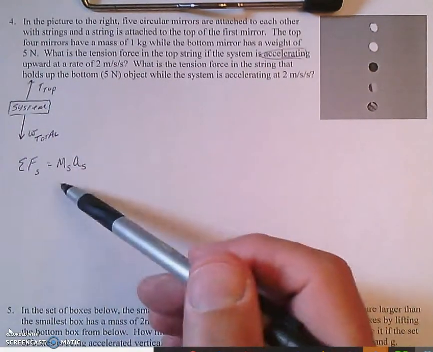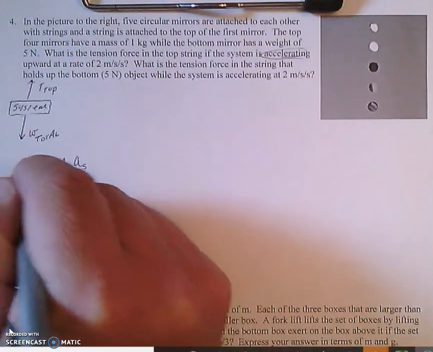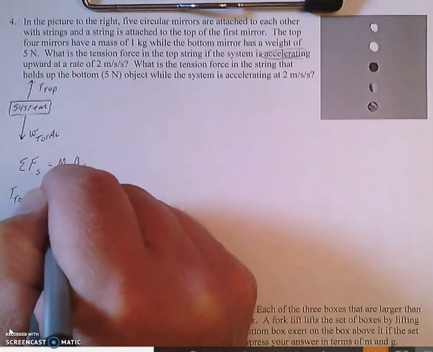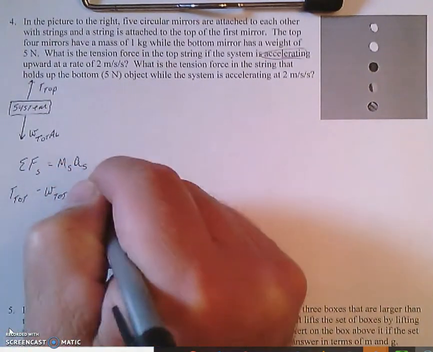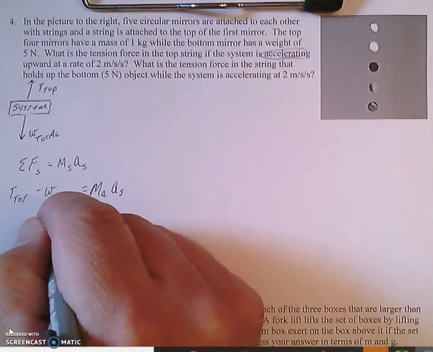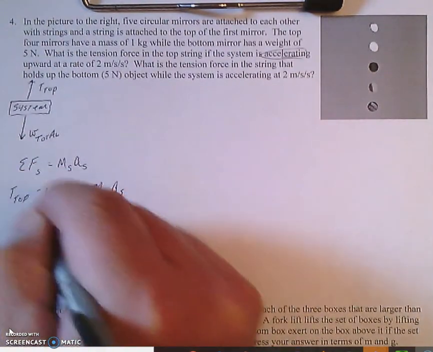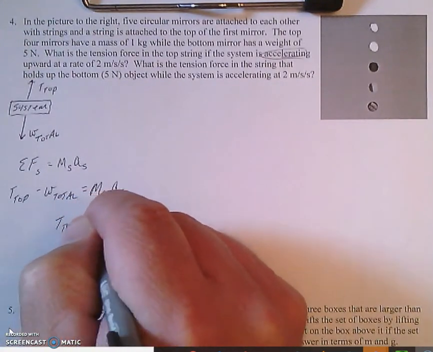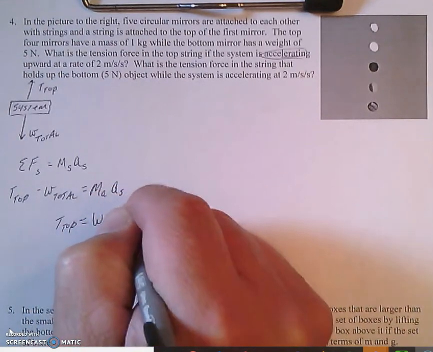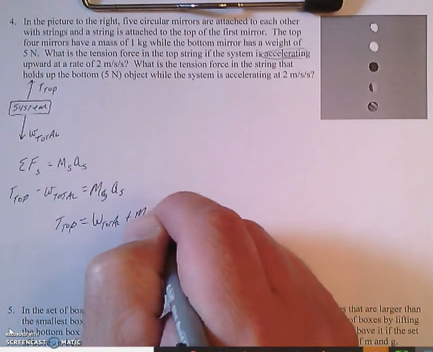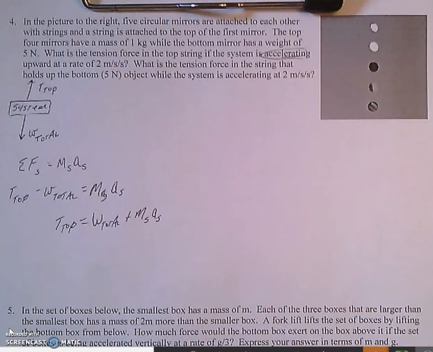So we've got to work that in here by saying, okay, the tension in the top rope, T top, minus the weight total must equal the mass of the system times the acceleration of the system. So my top tension, T top, must equal the total weight plus the mass of the system times the acceleration of the system.